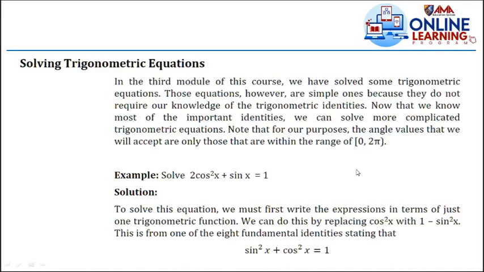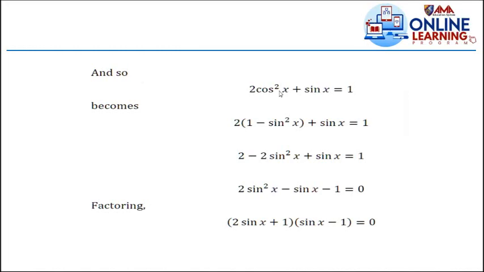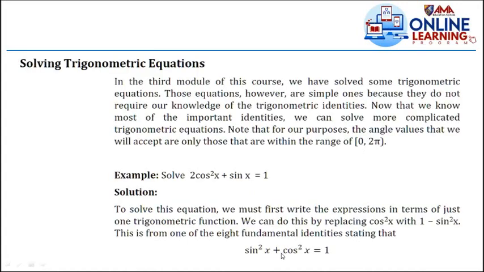This is from one of the 8 fundamental identities stating that sine squared x plus cosine squared x is equal to 1, which we already discussed in Analytic Trigonometry Part 1. So we have 2 cosine squared x plus sine x equal to 1. We replace cosine squared x, from our formula, with 1 minus sine squared x.